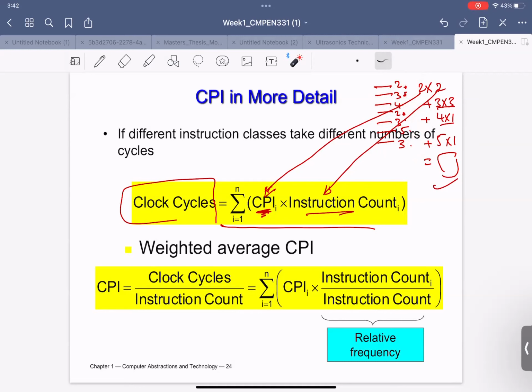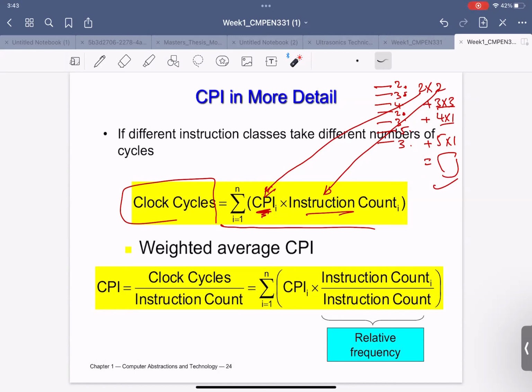I know the cycles needed for instruction 1, the cycles needed for instruction 2, and so on and so forth. I will add all of these and divide by the total number of instructions, or the total number of students. Then it will give me the average grade, or the average cycles per instruction. Roughly, with this code, I can calculate the number of cycles per instruction that way.